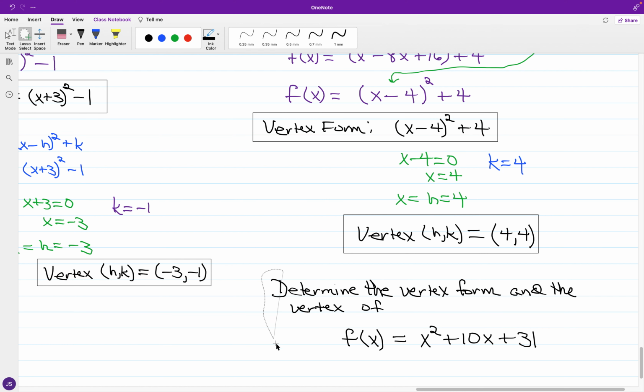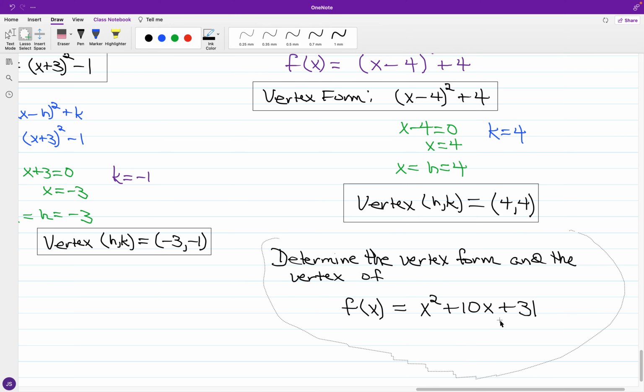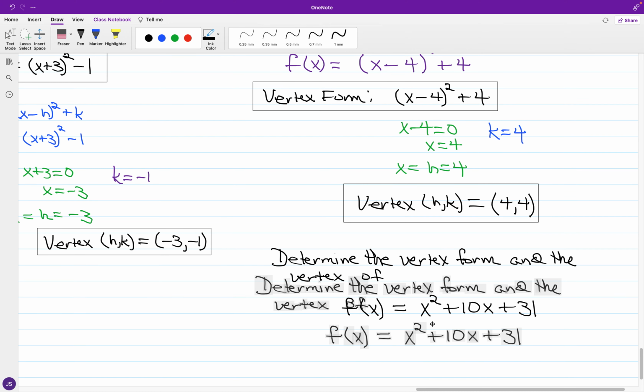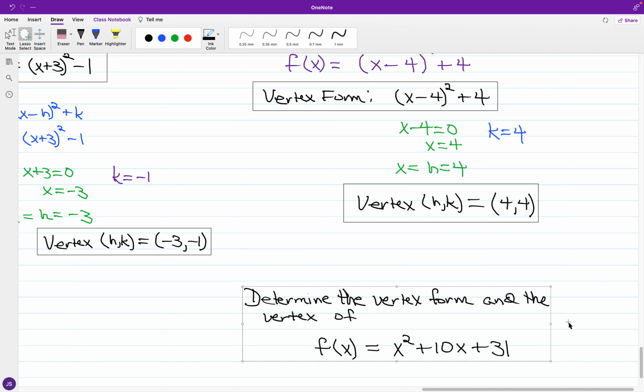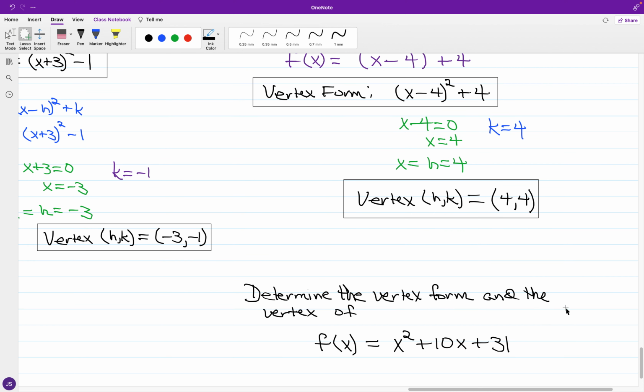For the next few moments, let's see what we get for the vertex form of this standard function layout and see what we get for the vertex as well.